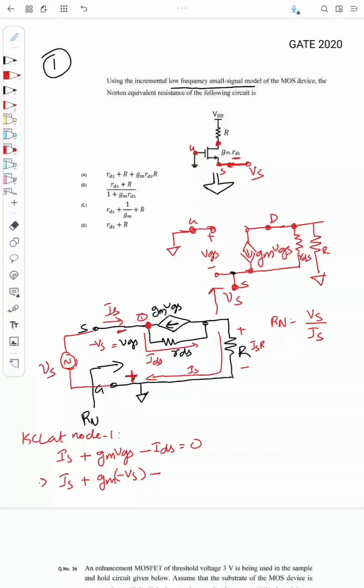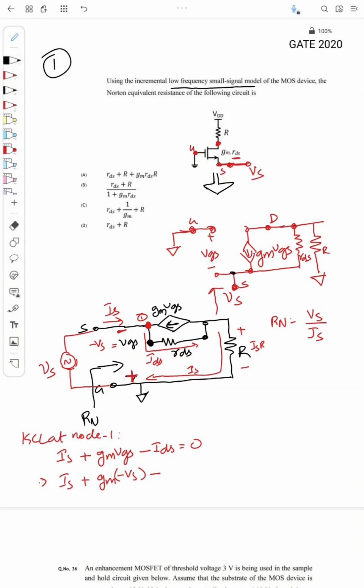So what is IDS? From the circuit, IDS is the current flowing through RDS, right? So how can we find that? We can find it by finding the voltage across this resistance and dividing by the resistance. So what is the voltage across this resistance? At this node 1, the voltage is Vs, right?